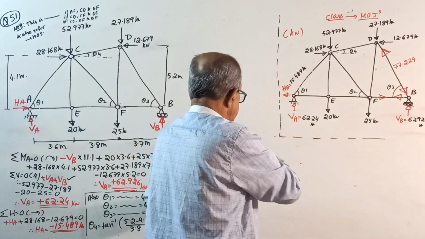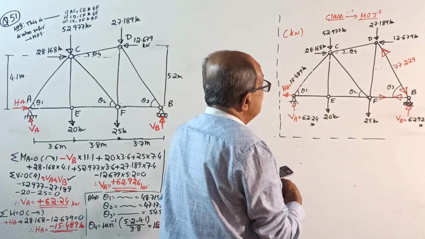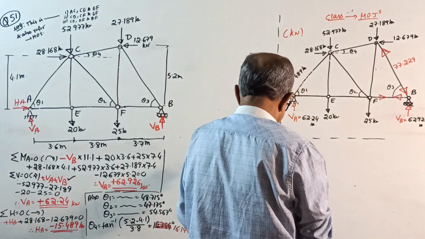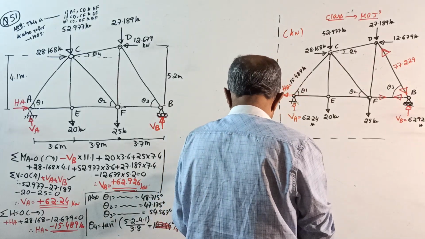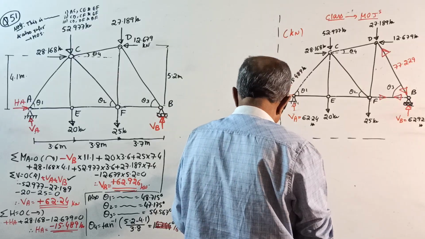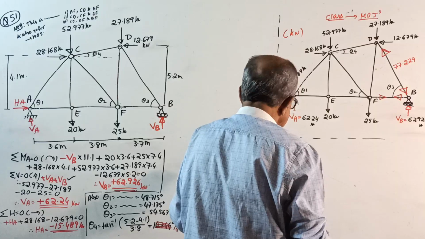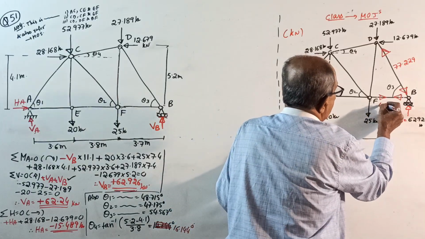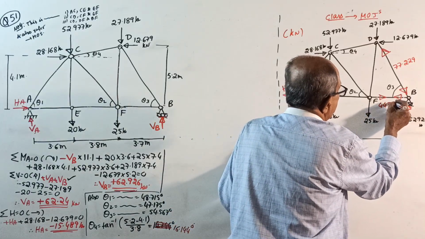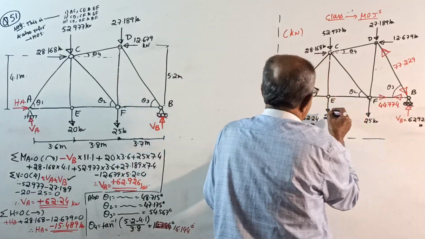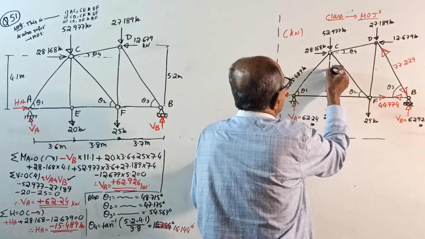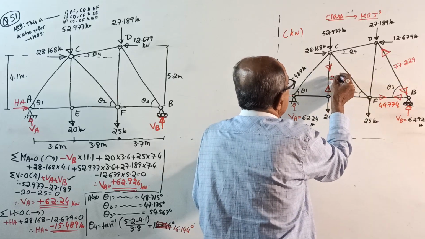Okay, sufficient. Now next, that is 77.229 into cos of 54.567, 44.774. 20.